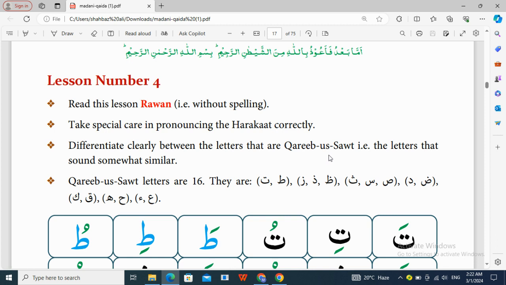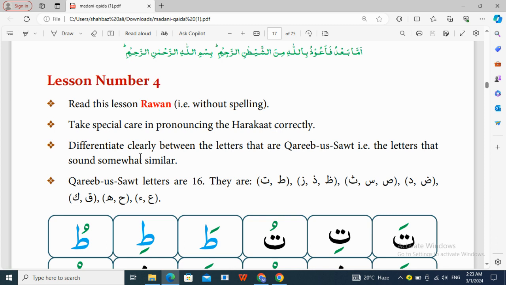The concept of harakat we learned in the previous lesson: these letters are read without stretching and without suddenly pausing the voice, just like ta, ti, tu. Never read them as stretched or clipped forms; just read as ta, ti, tu.